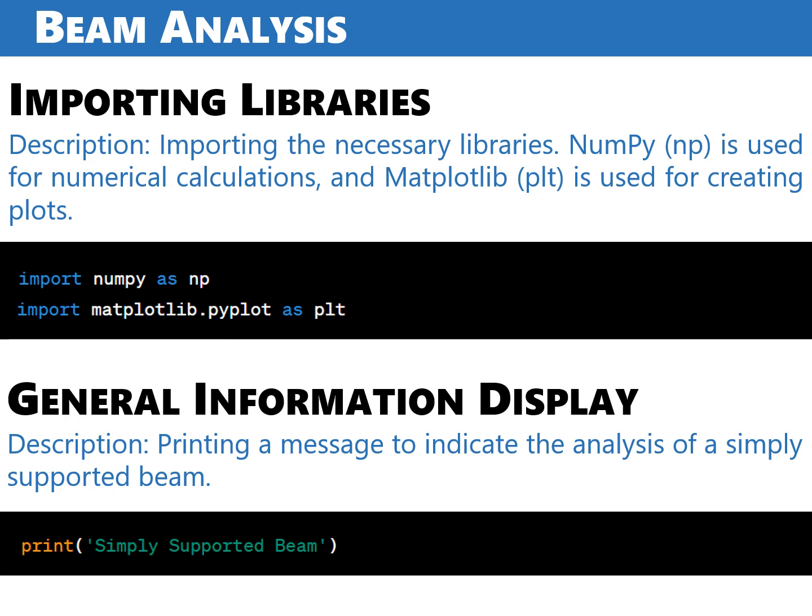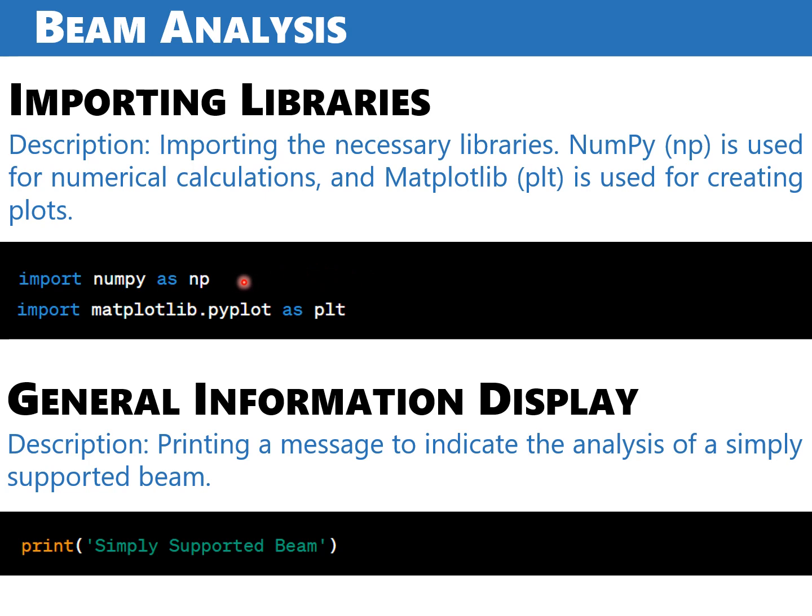One is called NumPy, which will be used for numerical calculations, and the Matplotlib library, which will be used for creating plots. While importing the libraries, we can give them some nicknames, like I am using NP for NumPy and PLT for the Matplotlib library.